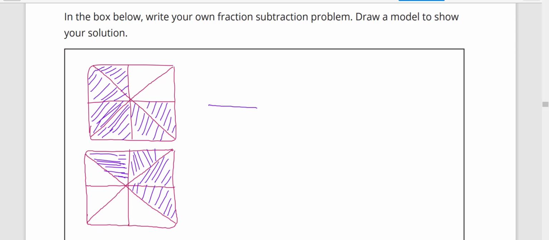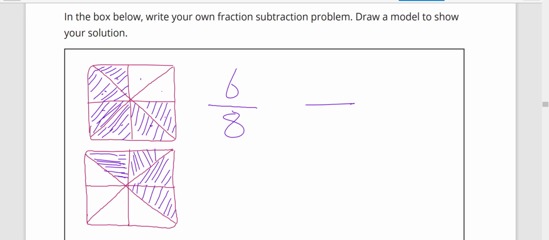First fraction: how many parts in all? 1, 2, 3, 4, 5, 6, 7, 8. Write 8 in the denominator. And how many shaded parts in this model? 1, 2, 3, 4, 5, 6. Write 6 in the numerator.